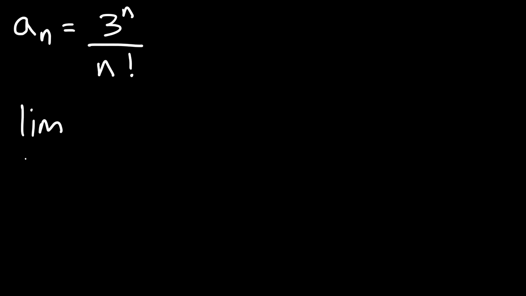Now let's work on one last example. Consider the sequence a sub n, which is 3 to the nth power divided by n factorial. Is the sequence convergent or divergent? What would you say? Well, a quick test is to take the limit as n approaches infinity.